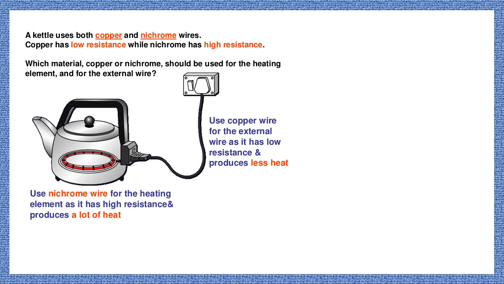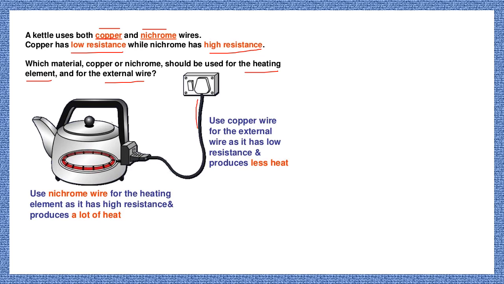This is the equipment where heating effect of electric current is used. This is an electric kettle, and here see copper and nichrome, both the wires are used. Copper has low resistance, it is a good conductor, while nichrome has high resistance, and both the metals are used over here. Now tell me which material, copper or nichrome, should be used for heating the element and for external wire.